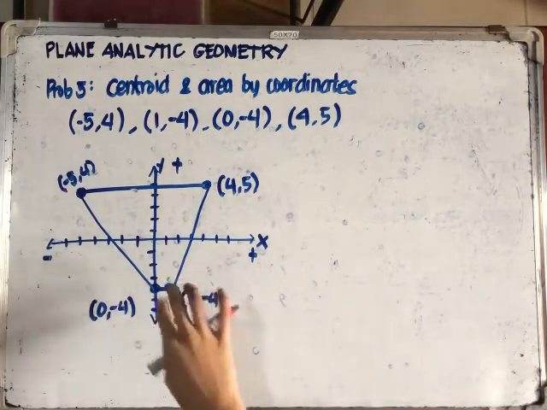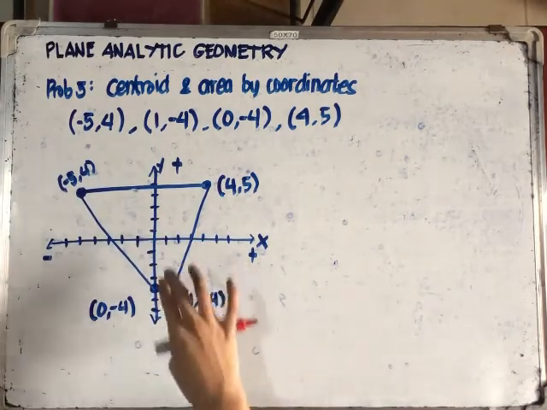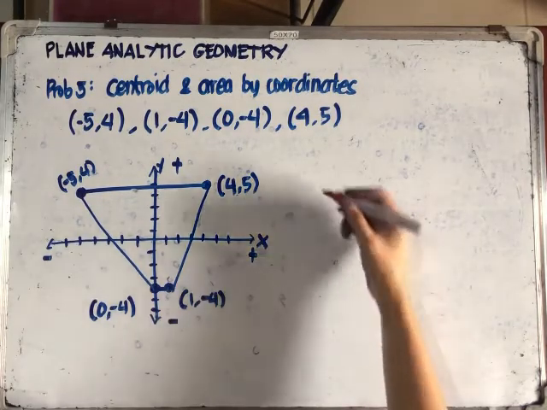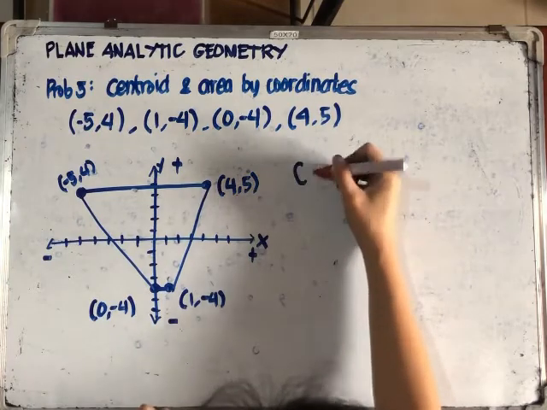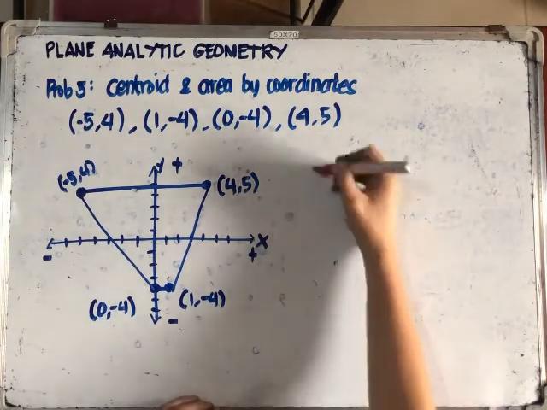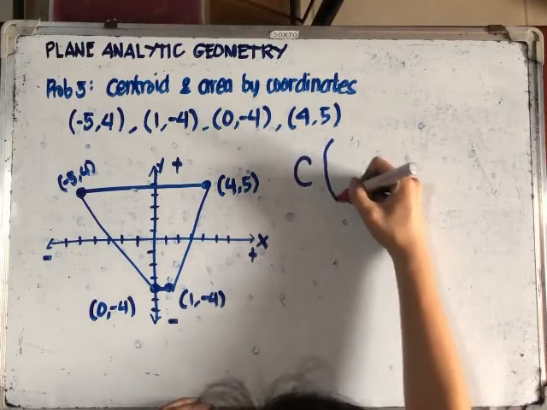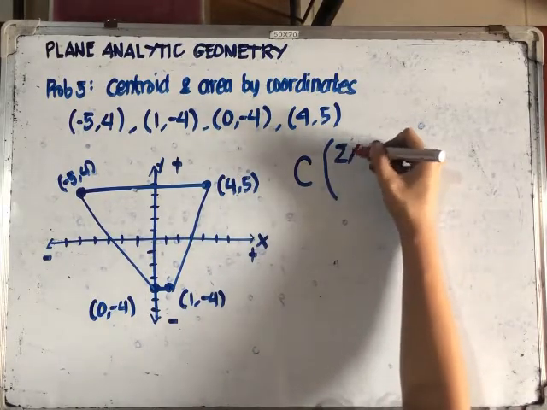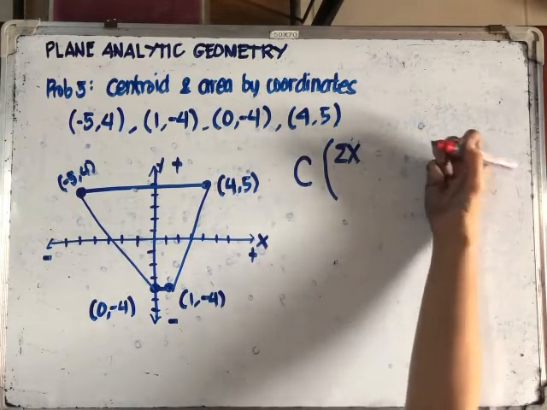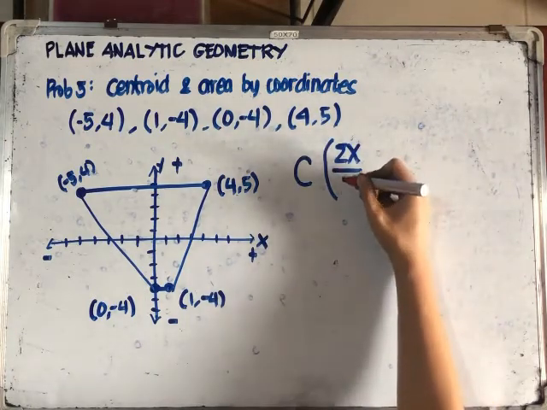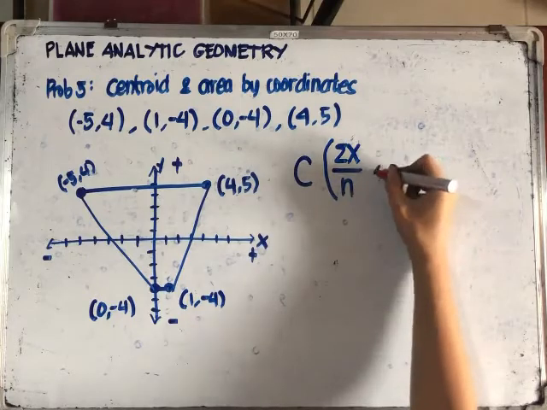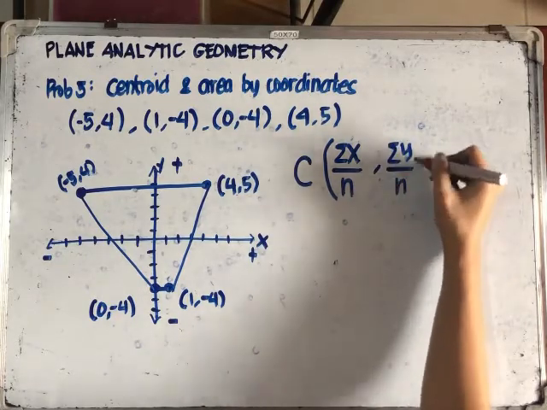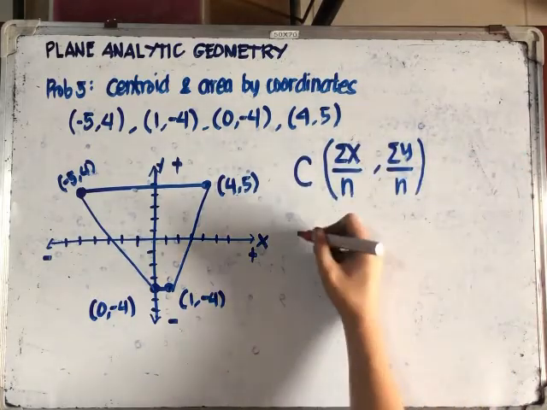So, centroid is basically the center of this one. The center by coordinates. Alright? So, when we get our centroid, we can get that by averaging method. So, the centroid C is the summation of x divided by the number of coordinates, and then the summation of y divided by the number of coordinates. That's as simple as that.